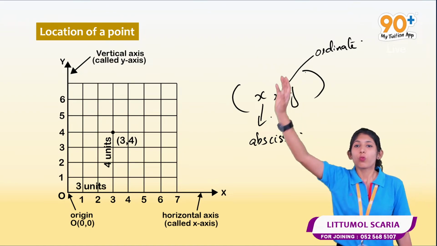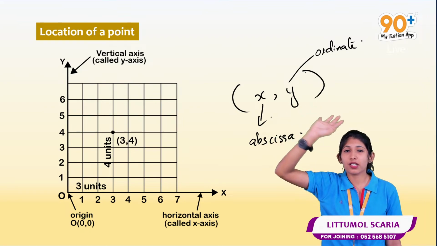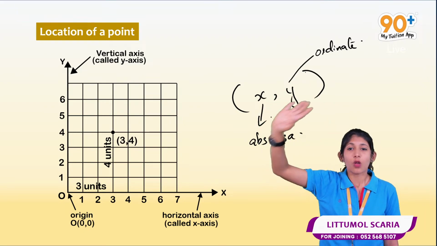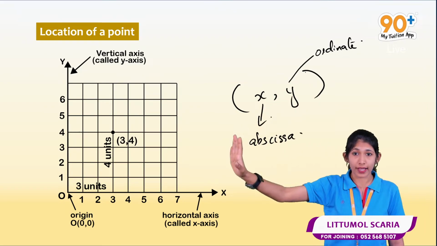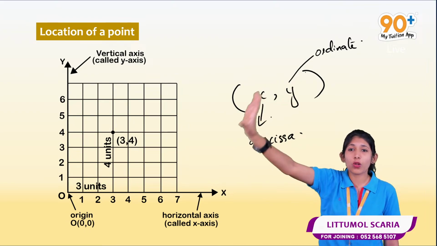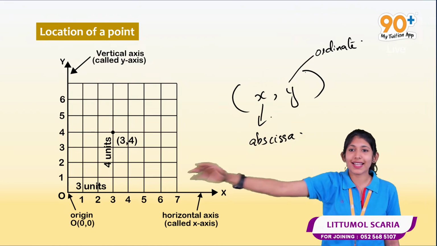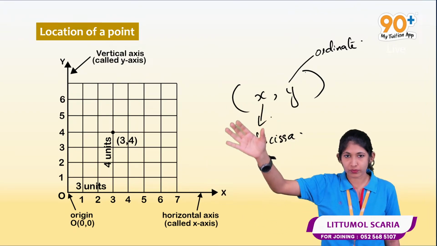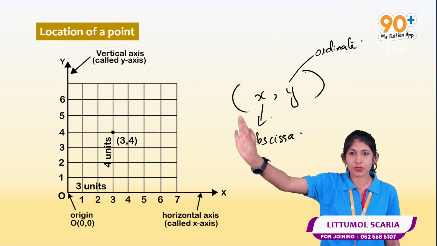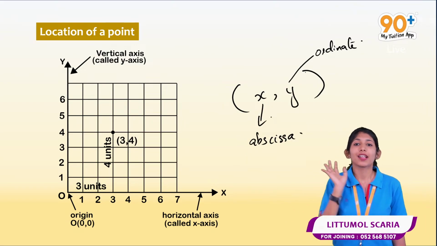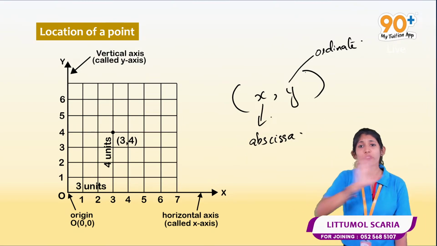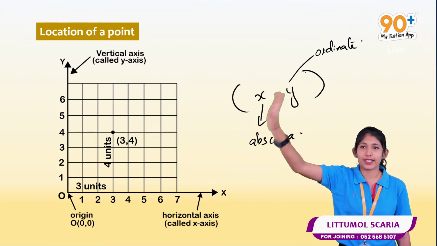Just like I told you yesterday, whatever question comes, whatever value comes, when you're plotting a point on a graph, the x-axis value always comes first and the y-axis value comes second. In whatever way they ask you the question, this is always the case.